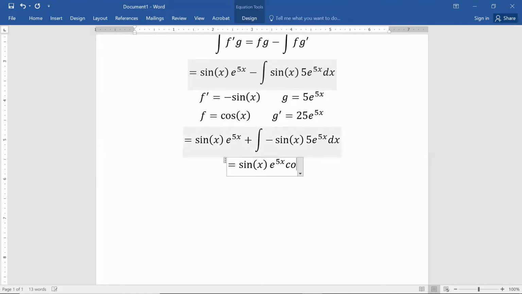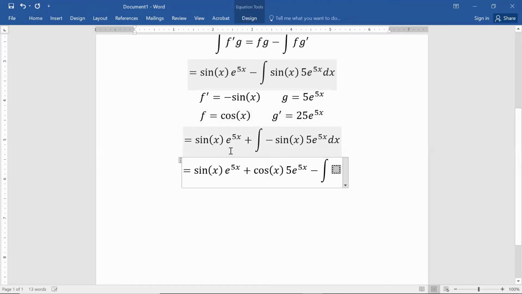F times g is cosine, again, positive cosine of x multiplied times 5e to the 5x minus integrate f times g prime. Well, f is cosine of x.